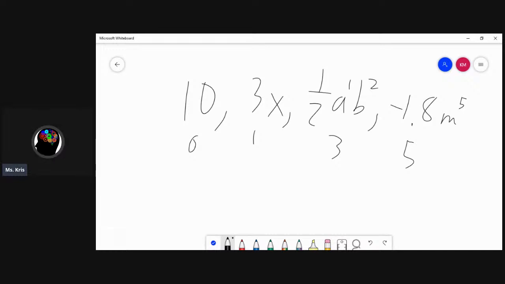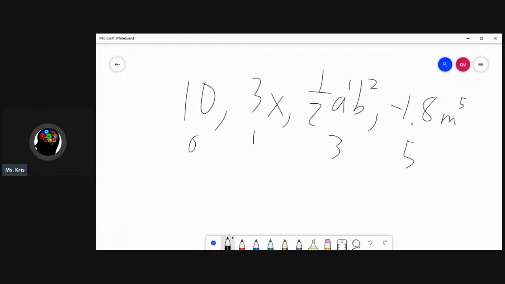If I wanted to order these from least to greatest, it would be 10, 3x, 1/2 a b squared, and negative 1.8 m to the fifth.